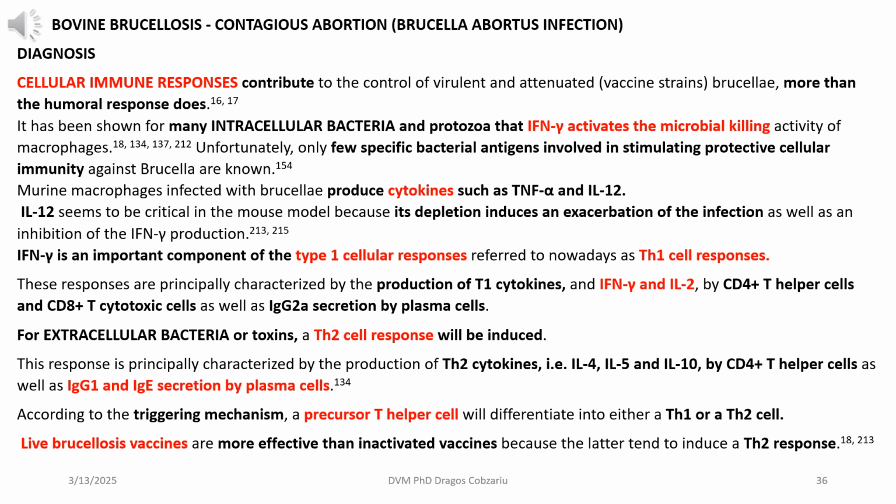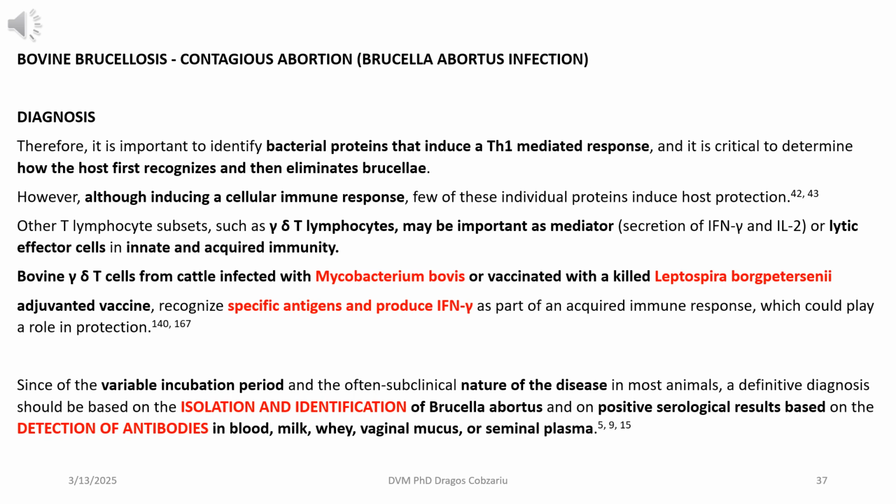According to the triggering mechanism, a precursor T helper cell will differentiate into either a Th1 or a Th2 cell. Live brucellosis vaccines are more effective than inactivated vaccines because the latter tend to induce a Th2 response. Therefore, it is important to identify bacterial proteins that induce a Th1-mediated response, and it is critical to determine how the host first recognizes and then eliminates Brucellae.